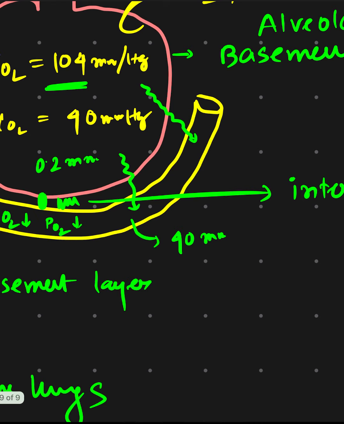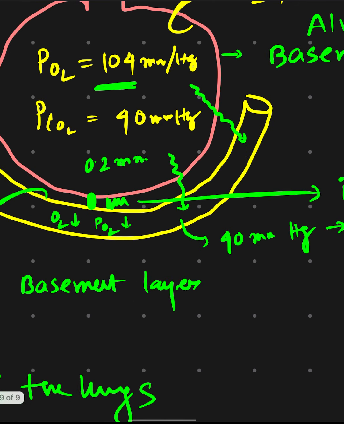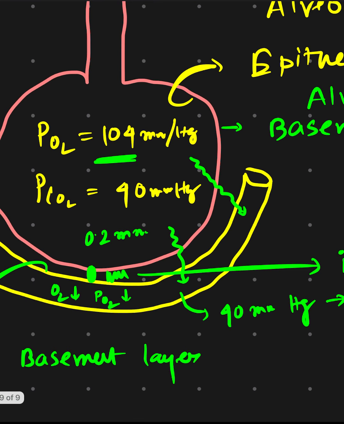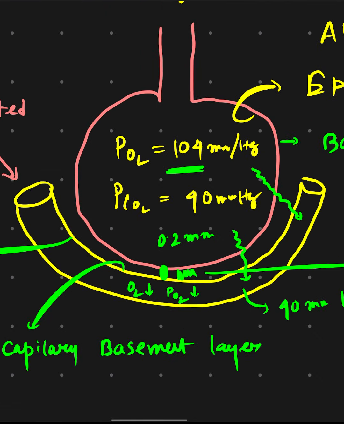Okay, so I hope it is clear that oxygen is diffusing from alveoli to the blood capillaries. And also the vice versa is true.